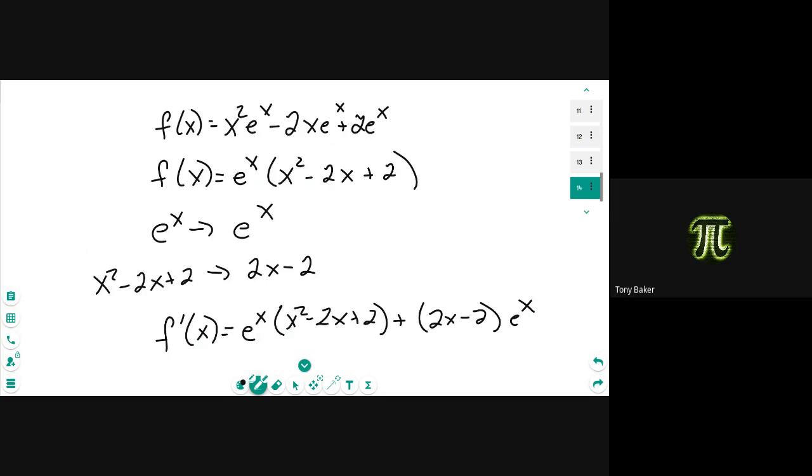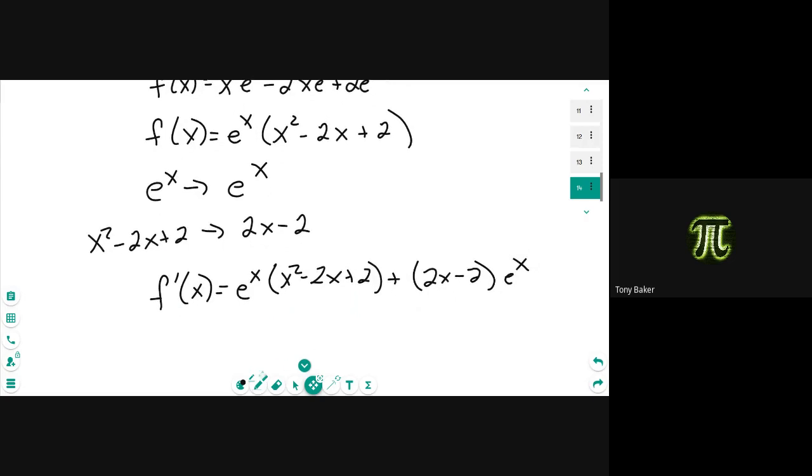Yes? Okay. So I have e to the x times x squared minus 2x e to the x plus 2 e to the x plus 2x e to the x minus 2 e to the x.